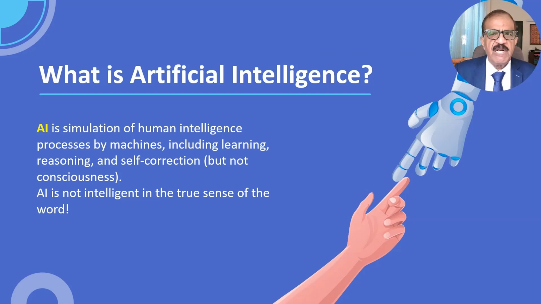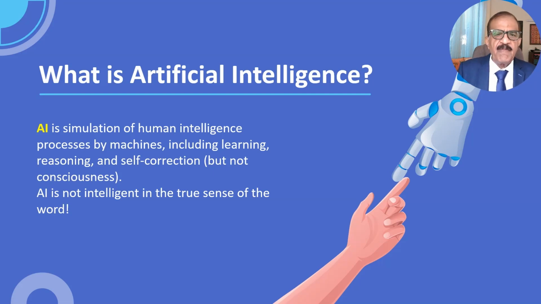So what is artificial intelligence? It is a simulation of human intelligence. So in the true sense of the word, it is not intelligent. AI tries to simulate human intelligence because it can go through extremely vast data very fast and come up with something which is like a response of a human, and it is processed by a machine, including learning.